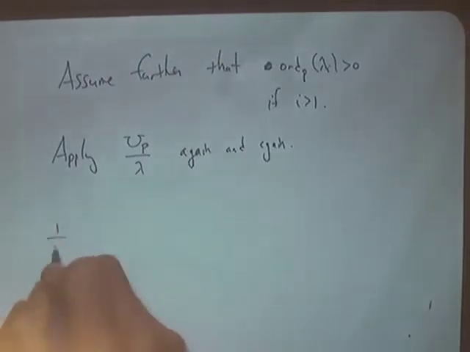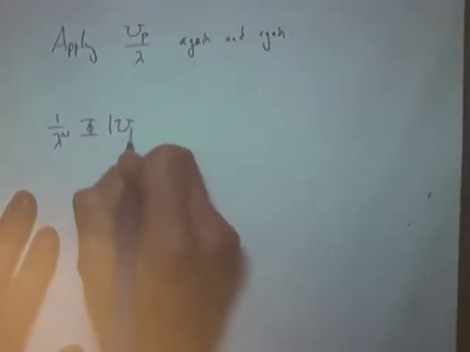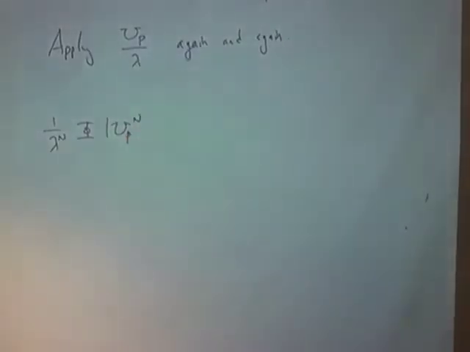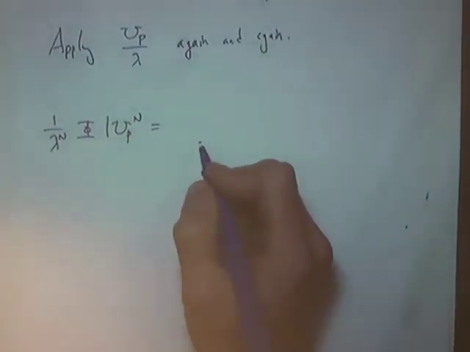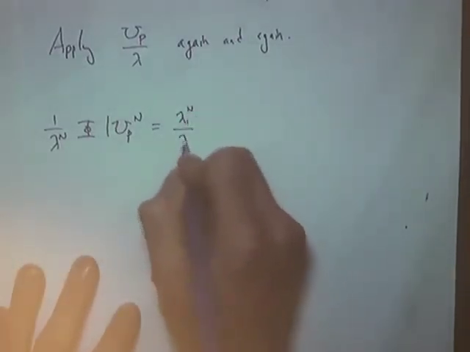So I'm going to look at 1 over lambda to the n, phi acted on by UP to the n, for some big capital N. And so when I do that, looking at this equation, I'll just do it for each of the terms. When I hit phi 1 by that, it gets scaled by lambda 1 to the n, and then divided by lambda to the n.